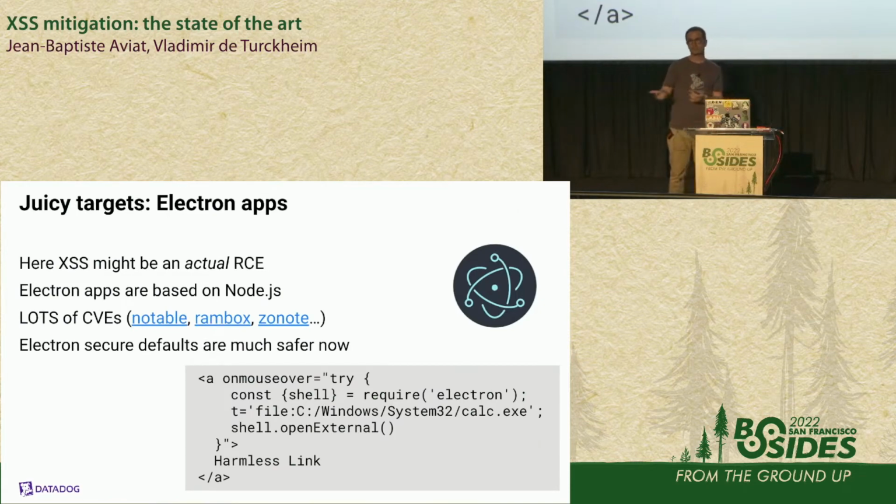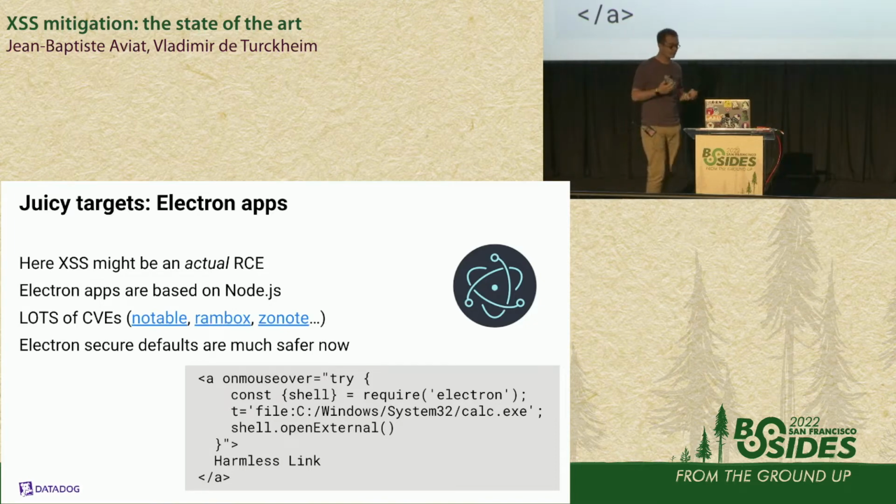But you can think of other targets, right? Browser extensions, and one big thing is Electron apps, which are also using web context. And here, cross-site scripting might be an actual remote code execution, where a cross-site scripting can really lead the attacker into running actual code on the victim's machine.